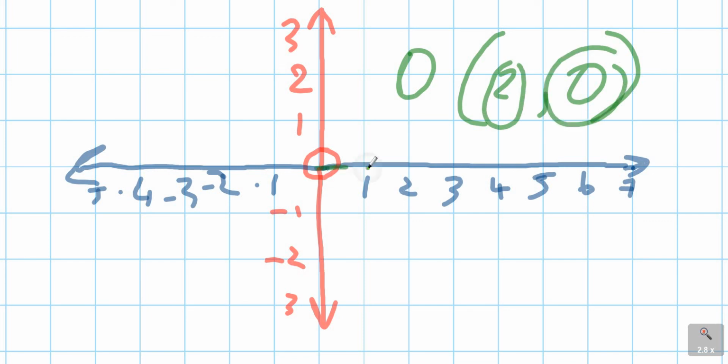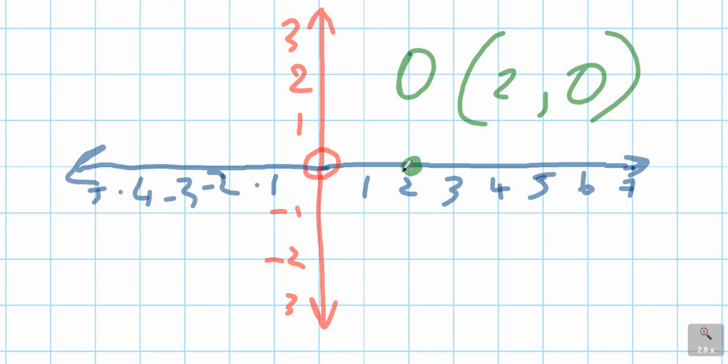So we move 1, 2 on the x. Is the y saying that we're supposed to make any move? No. So we just leave it at 2 right there. No movements on the y. That's simple.